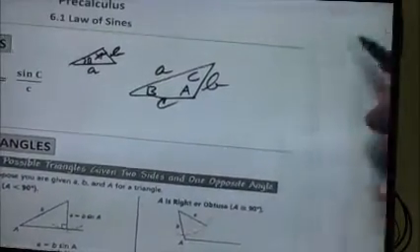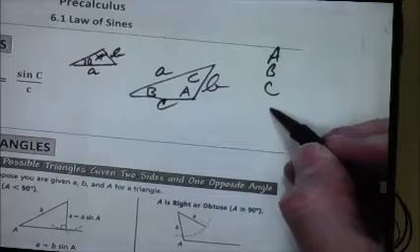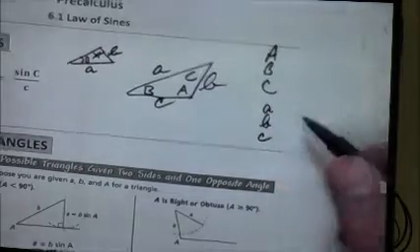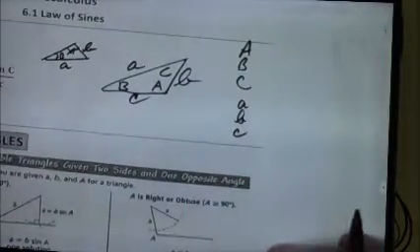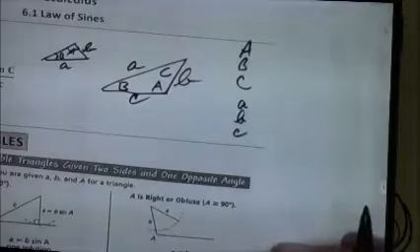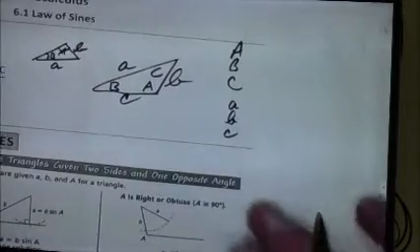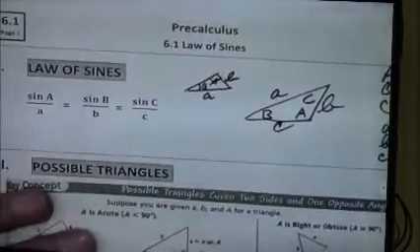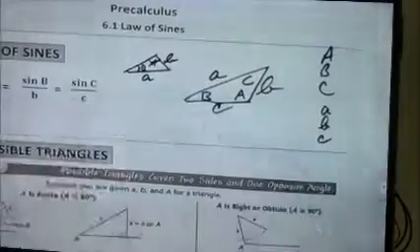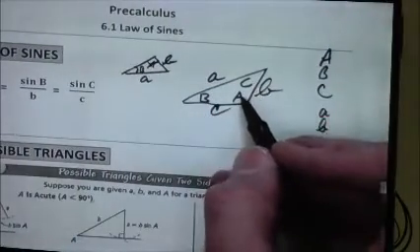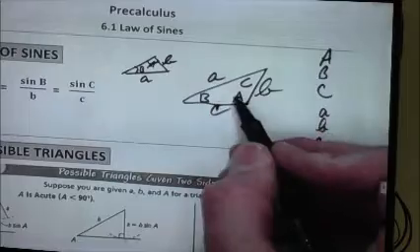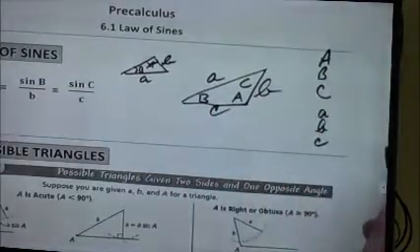Solving a triangle means all of the angles and all of the sides. So we're trying to get 6 things, and as long as you're given any 3, you can get the other 3. But for the law of sines, you have to have at least 2 of them matching. You have to have an angle and the side across from it, and any 2 other things.